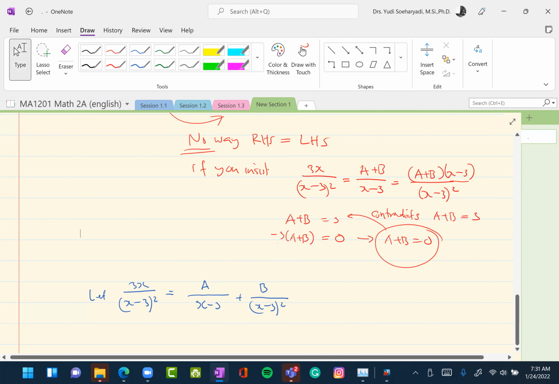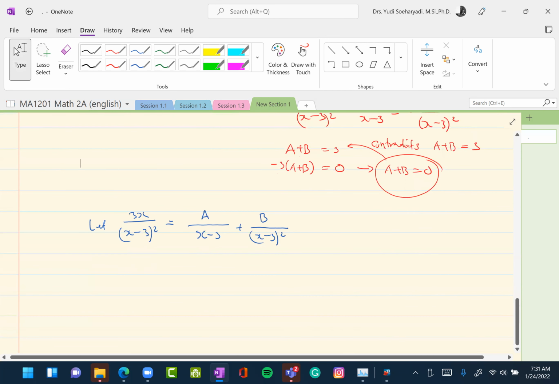Now, if you proceed with the common denominator, of course, this is the common denominator. On the top, you should get this plus b. Now let's multiply this out. You get some x and then some constant.